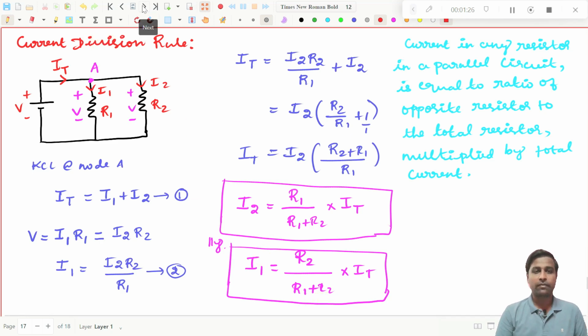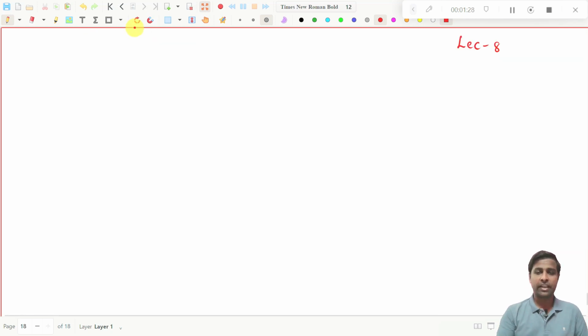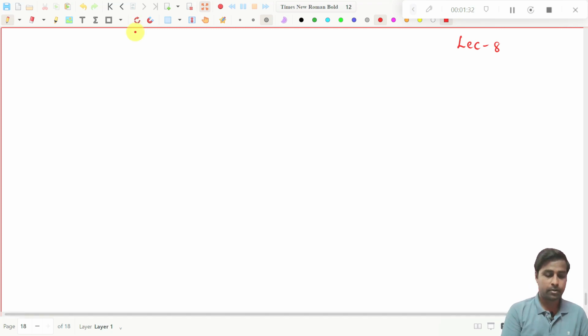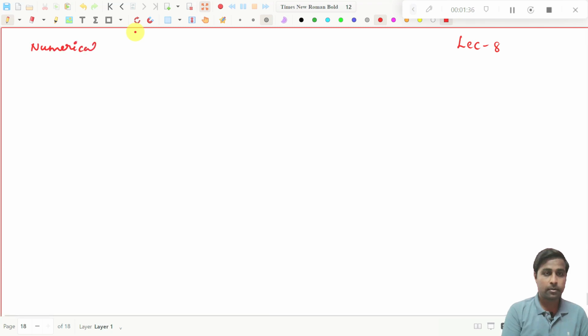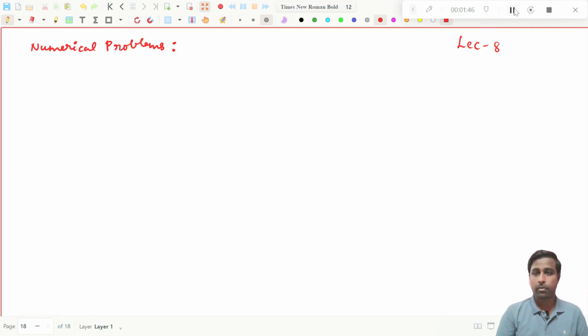Now we will take numerical problems, and we try to apply the voltage division rule and current division rule to get the values, right? So we have taken a problem.